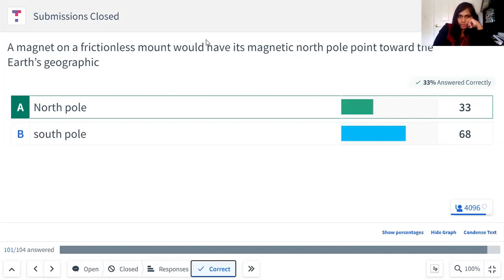Think about it again. The magnetic north pole of a compass points towards the Earth's magnetic south pole, but the Earth's magnetic south pole is the Earth's geographical north pole.